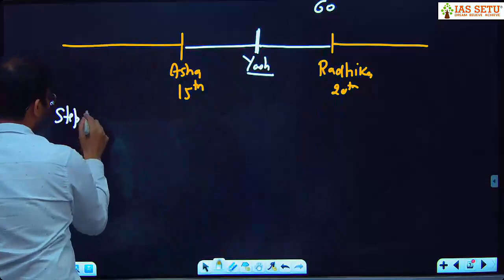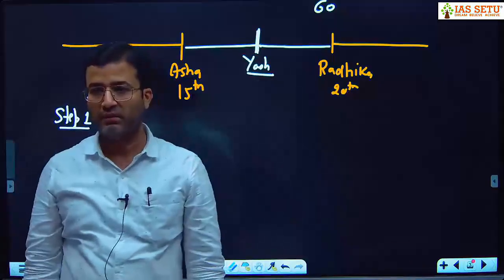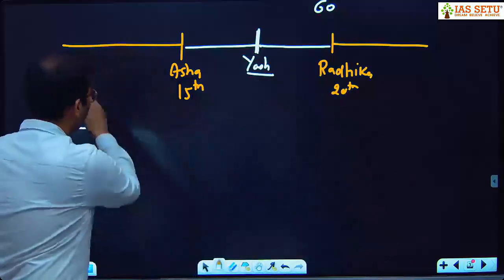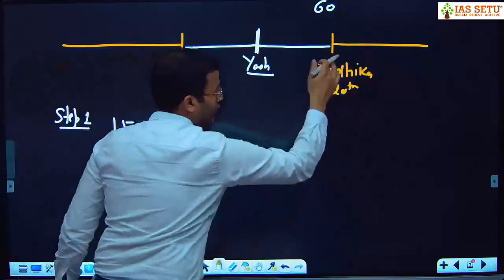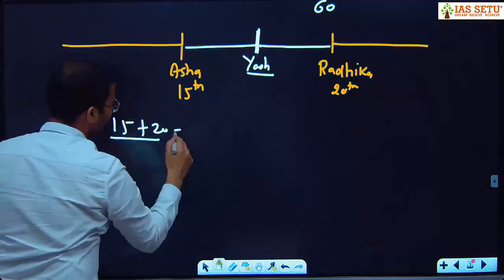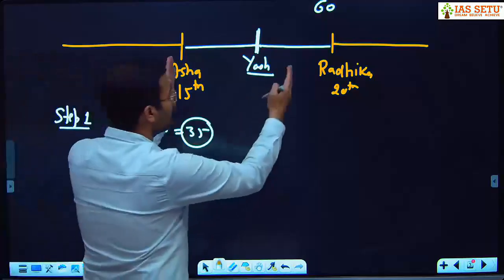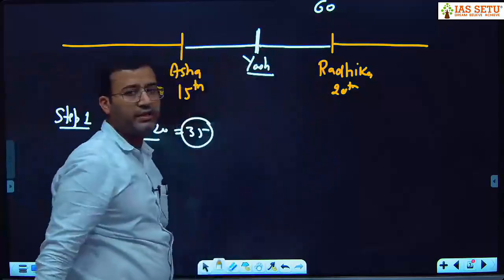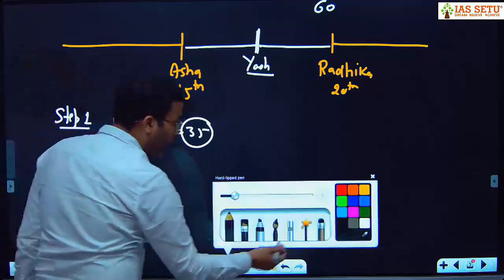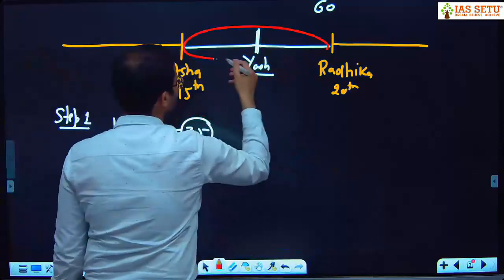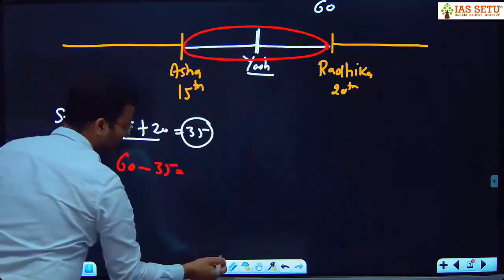Step number 1: see the persons who are outside the effect of Yash Maharaj, meaning those not in Yash Maharaj's effect, 15 and 20. So 15 on this side including Asha, 20 on this side including Radhika. These are 35, who have nothing to do with Yash Maharaj, because Yash Maharaj is just in the middle of Asha and Radhika. Now you find how many total persons are there. This is the main task. Out of total 60, these are 35. So can we say remaining are 25?